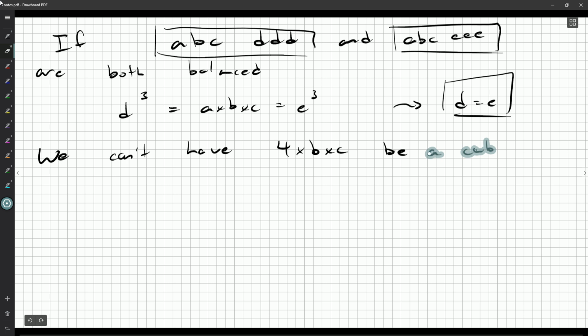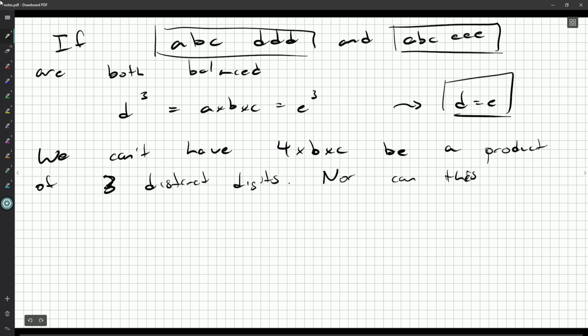Or let's say be a product of 3 distinct digits. Because that would give me at least 6 different numbers, and I want exactly 3. Nor can this product possibly be 3 different cubes.